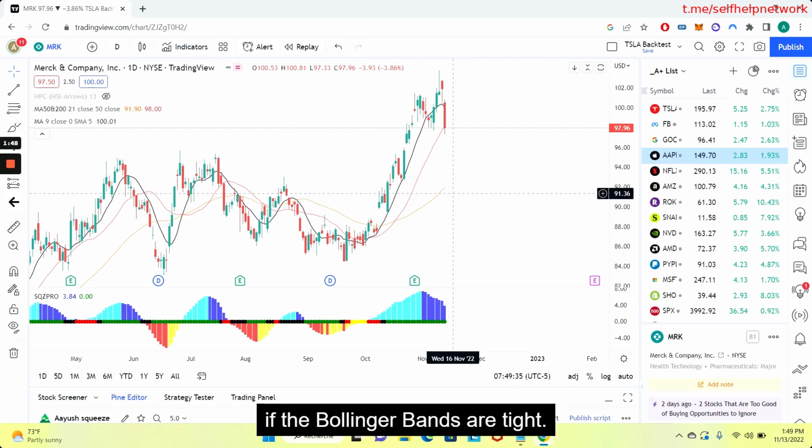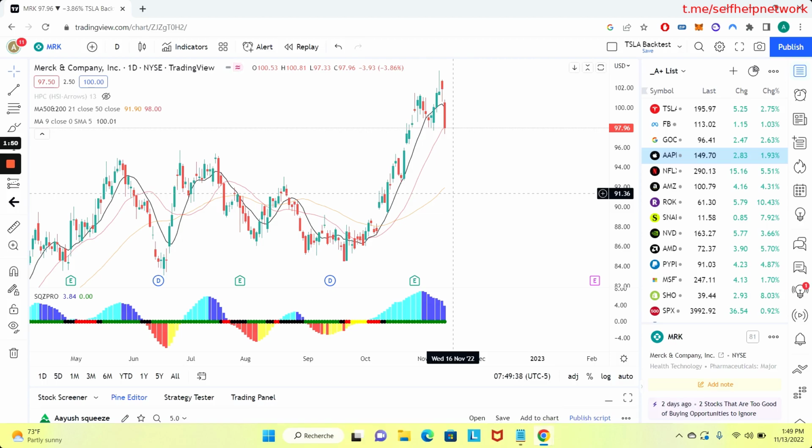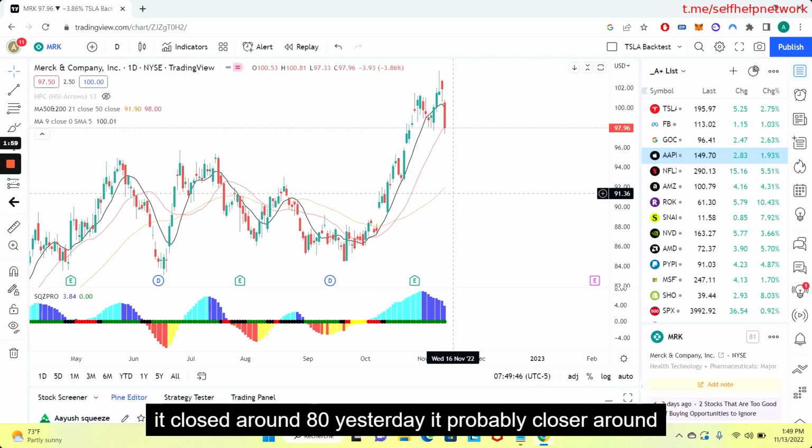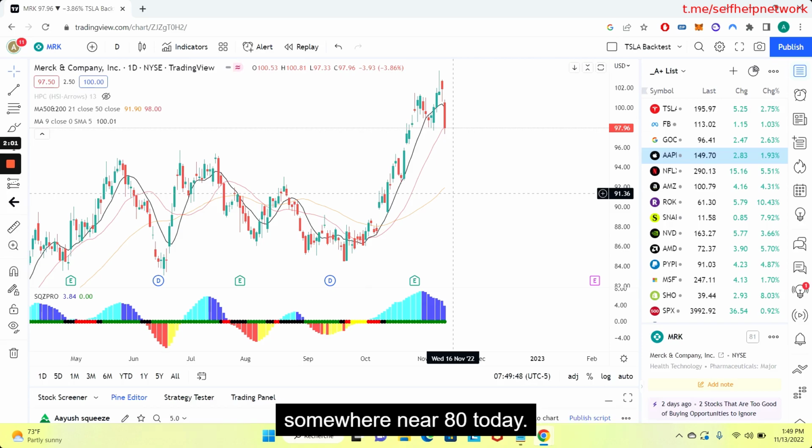So if the Bollinger Bands are tight, it means that the market did not really move much on a day-to-day basis. If it closed around 80 yesterday, it probably closed somewhere near 80 today.